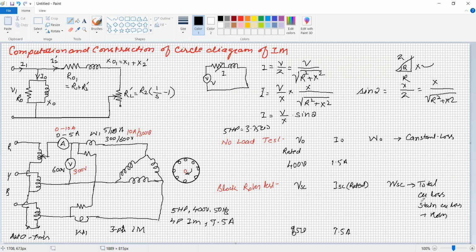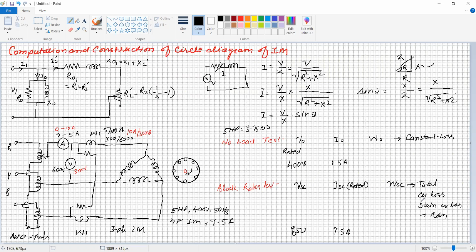Okay. So this is the case where we have conducted the 2 tests. One is the no load test and second is the block rotor test. Now with the help of these 2 tests, which require hardly 5 to 10 minutes to conduct, these 6 readings are useful to calculate the copper losses, stator losses, the torque, maximum input, maximum efficiency, and all parameters.